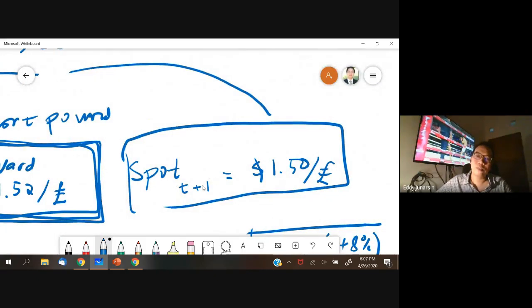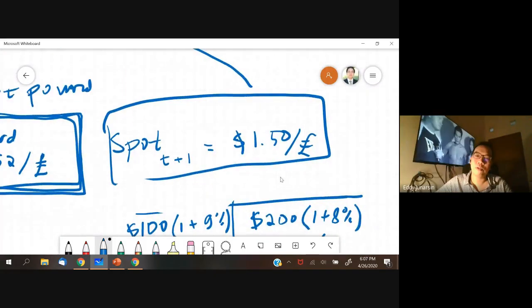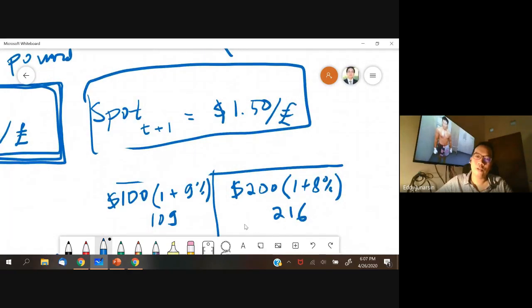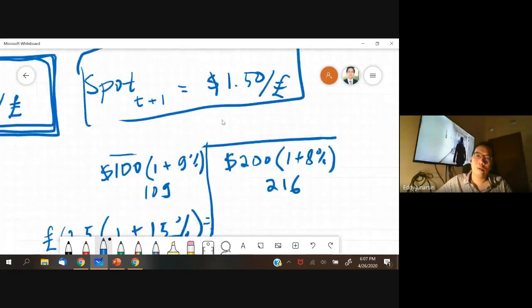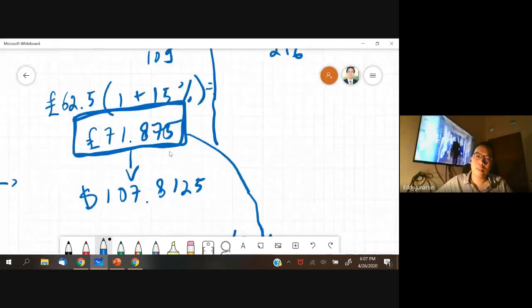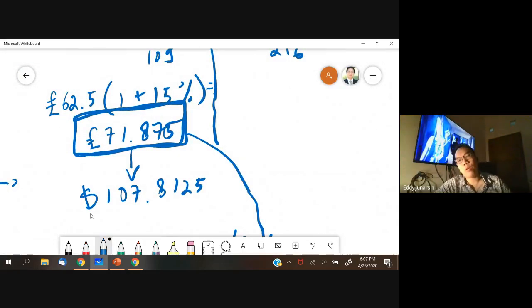So the spot rate 1 year later has become 1.50 per pound. So the pound has depreciated, and you see how much you will earn when you repatriate the money back at the new spot rate, 1.50. When you multiply this, you only get 107.8 million. It's far below 115 that you expect, right? Because you expect 15%, even when you repatriate the money back.